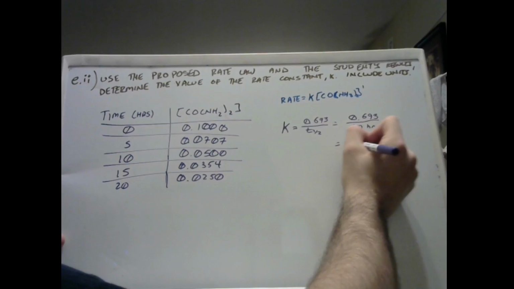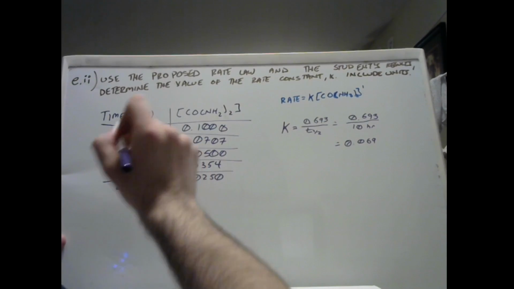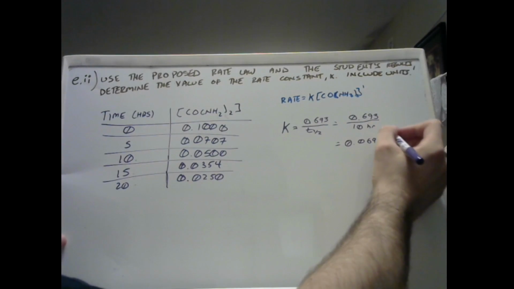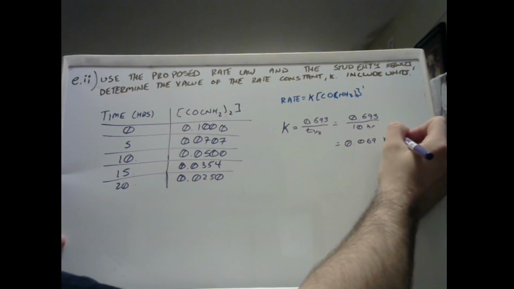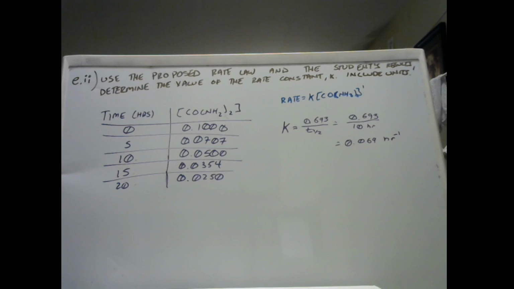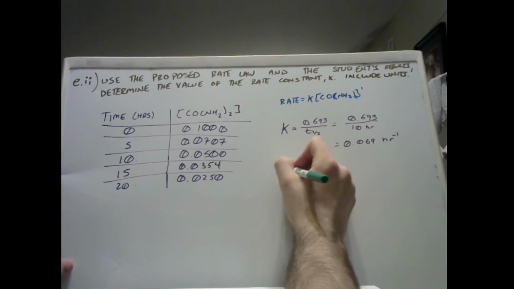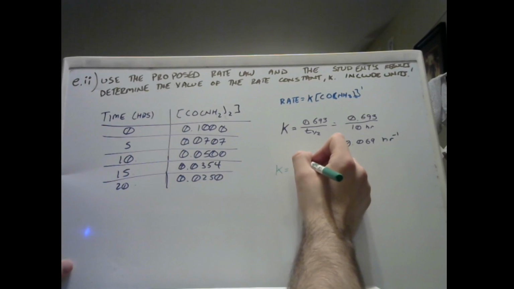We're going to k equals 0.069. 2 sig figs because we only rounded to the nearest whole hour. Per hour, hour^-1. Done.